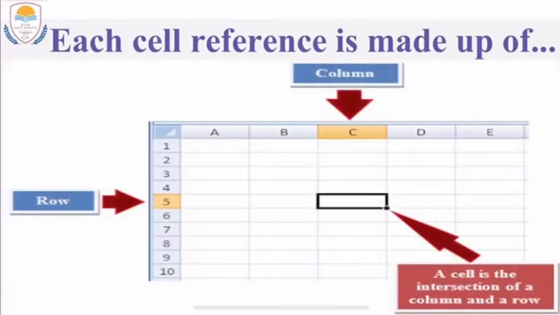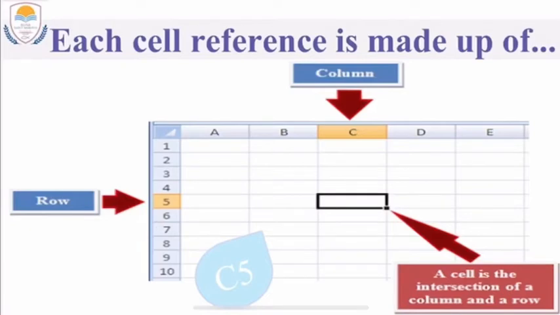Let's take an example. As you see the cell here, it is an intersection of a column and a row. So this cell is in column what? Column C. And in row what? Row 5. So we call this cell C5. This is the reference, C5. So we depended on the column first, then the row.